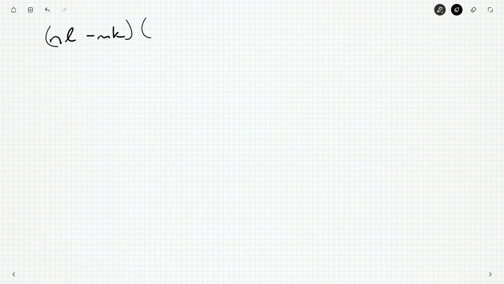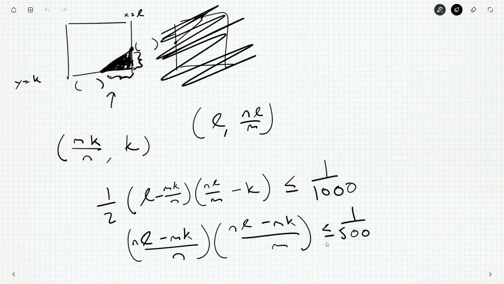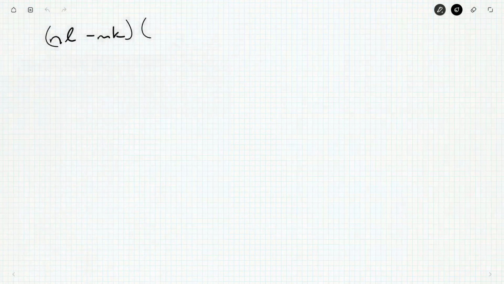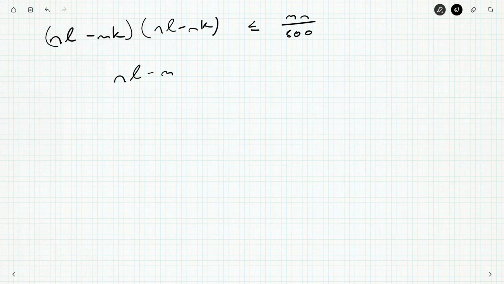And then, oh gosh, what was the other one? nL minus mk again. Ooh, I like that. And that's got to be less than mn over 500. That's nL minus mk squared has got to be less than mn over 500.